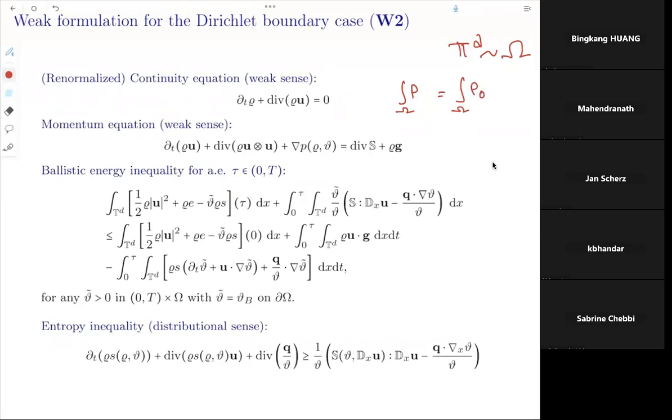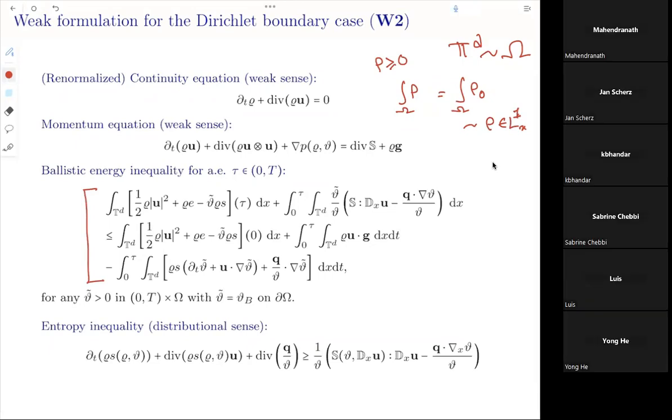And since you assume that rho is always non-negative, rho is bounded in L infinity in time, L1 in space. But there is no other estimate. So we have to somehow exploit this ballistic energy inequality to get some estimate out of it.